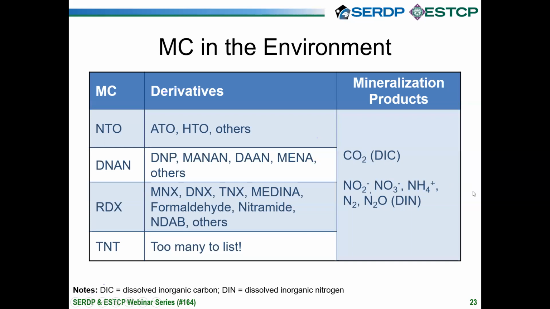And the nitrogen atoms, because these are nitrogen-rich compounds, will end up as dissolved inorganic nitrogen. That can take the form of several different species: either nitrate or nitrite, ammonia, dissolved nitrogen gas, or nitrous oxide, depending on the redox environment in which these compounds were completely mineralized. And so this is where our work focuses, on these mineralization products.